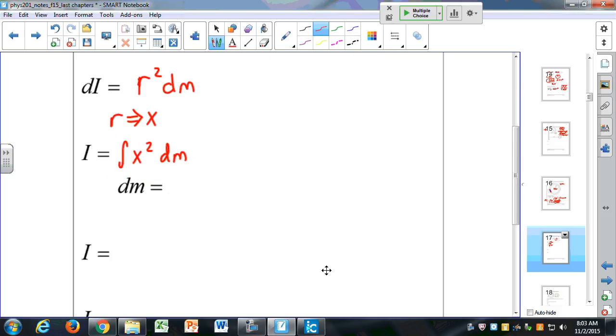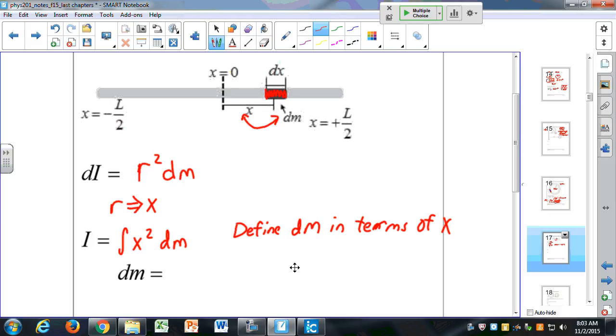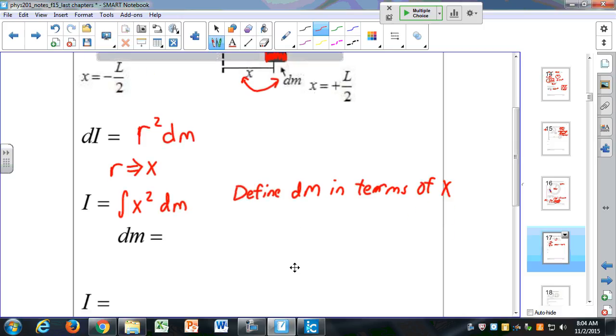So dm then will be, I look up here, I have a rod of mass M and of length L. So dm will be M over L times dx, because that mass element has a width dx.